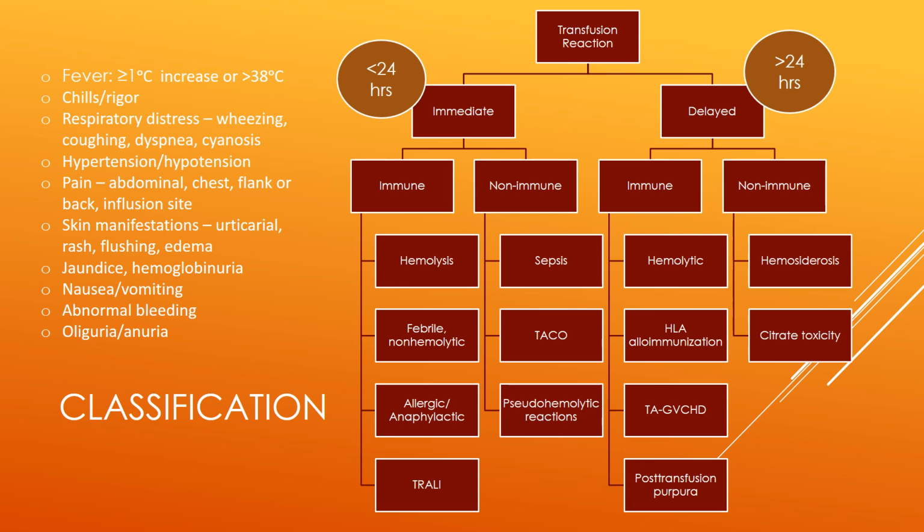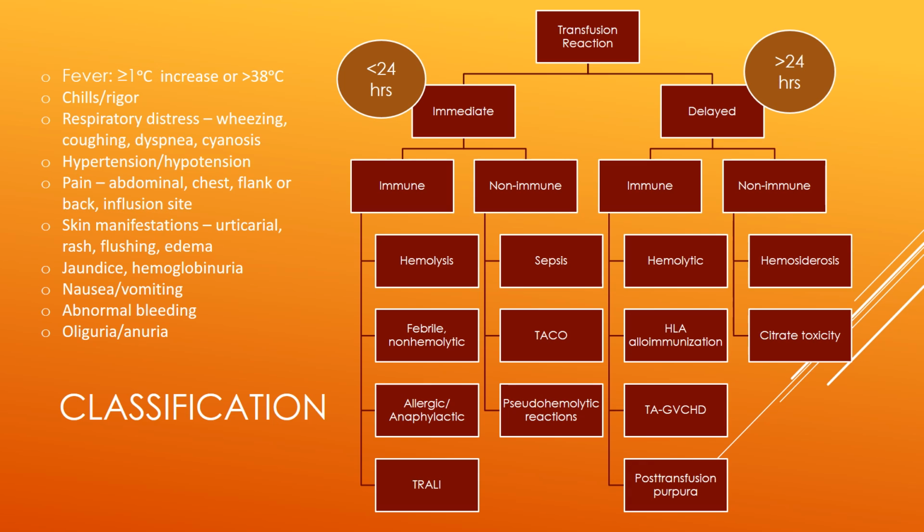But when we give a transfusion, what are the signs that tell us that a reaction is occurring? Well, the clinical signs. We've gone through this before, but just to go through the list again, on the left you can see the symptoms include fever, chills, or rigor, meaning joint pain, respiratory distress, where the patient is coughing, wheezing, or having trouble breathing.